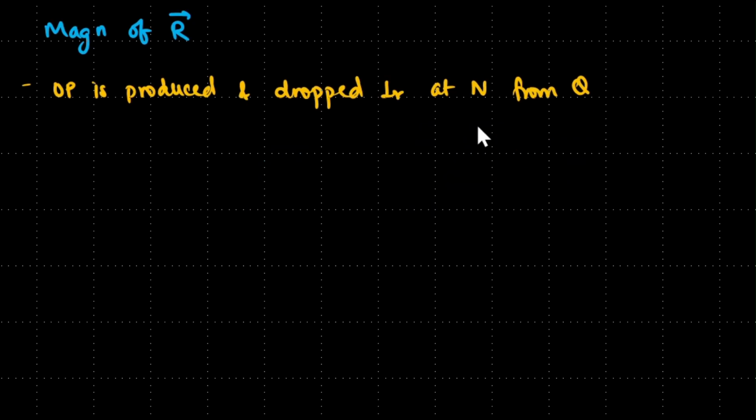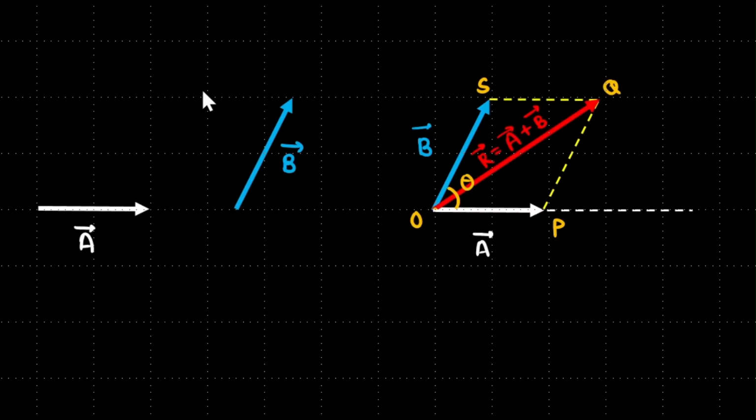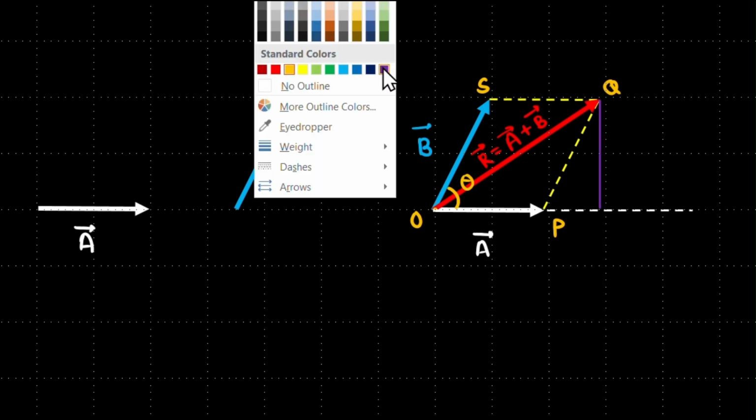So now, OP is produced. Yep, we produced OP and dropped a perpendicular at N from Q. So from Q, let's drop a perpendicular, and it might not exactly be 90 degrees, but just think of it as it is.